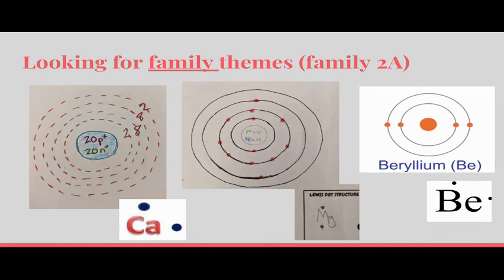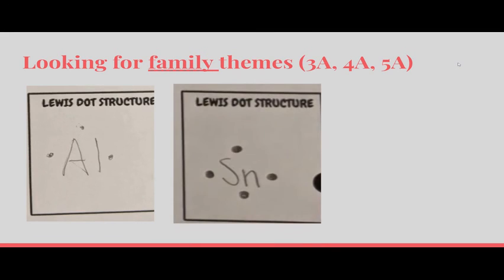Let's confirm that theme and see if it holds in other families. So if I go to, for example, something from family 3A, here's aluminum. It's from 3A. Check out its Lewis dot structure. All right, if we pick an element from 4A, you might be able to predict what we're going to see here. So an element from 4A, such as Sn, which is tin, there's its Lewis dot structure.